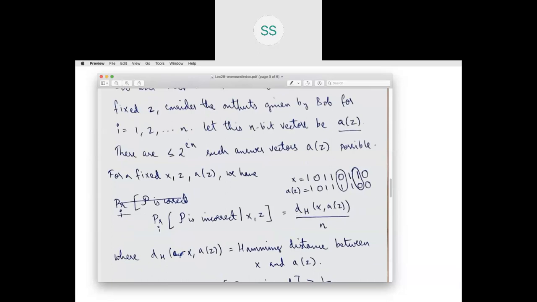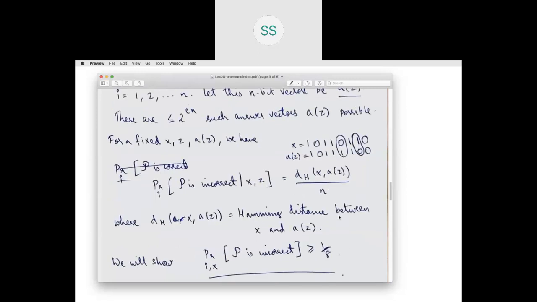It just means the number of bits in which X and AZ are different. So once X and Z are fixed, the probability that the protocol is incorrect, where the probability is over I, is the Hamming distance of X and AZ divided by n.